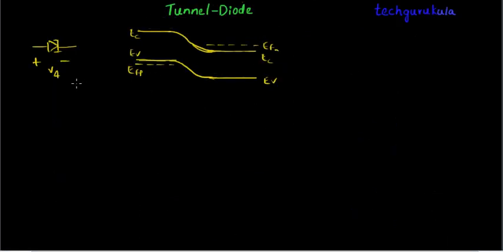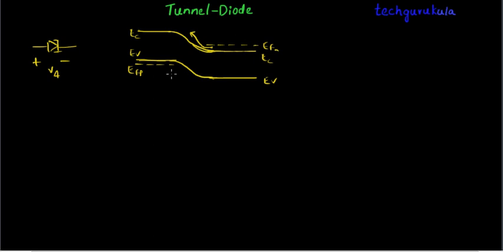When we apply V4, which is greater than V3, we have run out of the overlap region between these two. So now it looks like a normal diode, where the electrons have to surmount the barrier to find themselves at the other side.